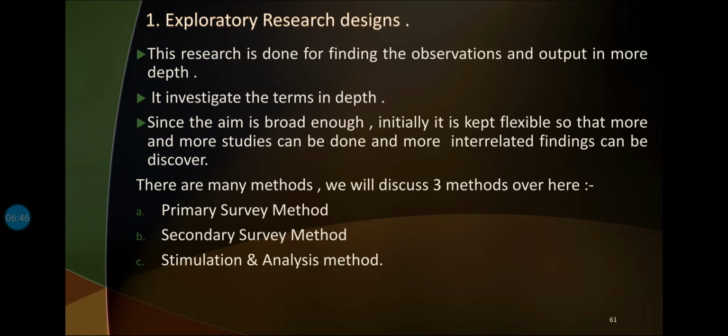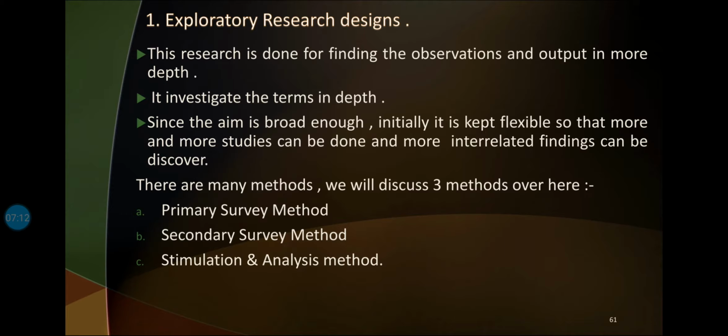Now what are the various methods that can be further divided in it? Primary survey method, second is secondary survey method, and third is stimulation and analysis method. Now, what do you mean by the primary survey method? There are two survey methods, one is called primary and the other secondary.